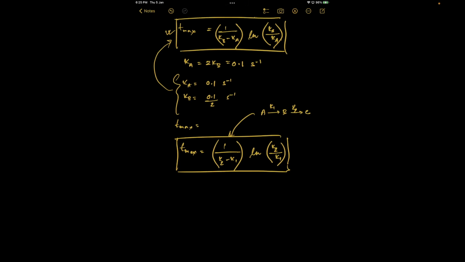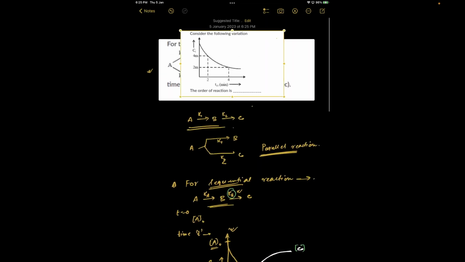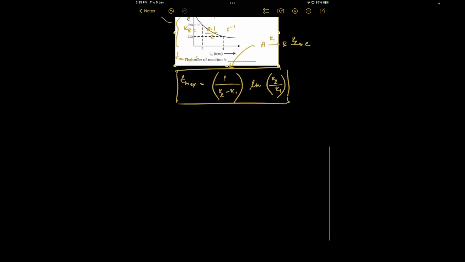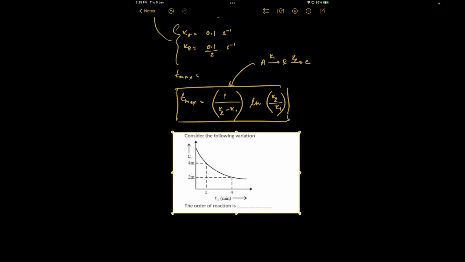Okay, now let's move to the next question. So the plot is given here with concentration versus T half. T half means half life period, the time required to decrease the concentration of the initial reactant by half, by 50%.